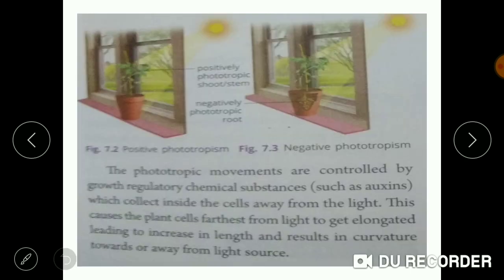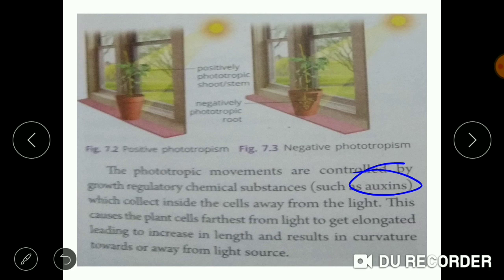Now, we discussed that there are certain chemical substances known as hormones, which act as messengers and are responsible for the response of the plant, for the movement and the growth of the plant. The name of the hormone is auxin.